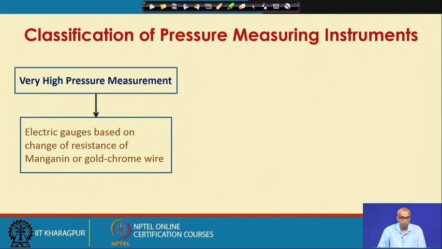So, that was moderate pressure measuring instruments. Very high pressure measurement is done by electric gauges based on change of resistance of manganese or gold chrome wire.